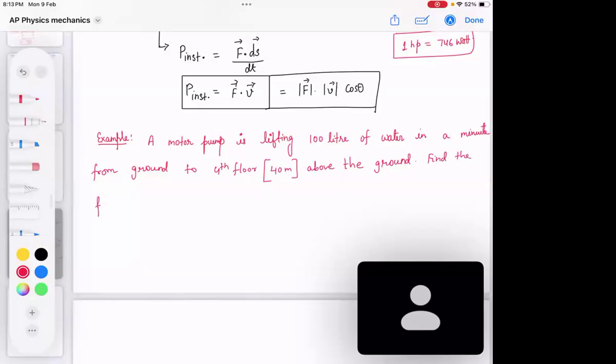Whenever you are using a pump in your house, not every pump will be able to lift the water, isn't it? You have seen it. If you have to lift the water to higher and higher floors, you must use a higher capacity pump, a higher power pump.